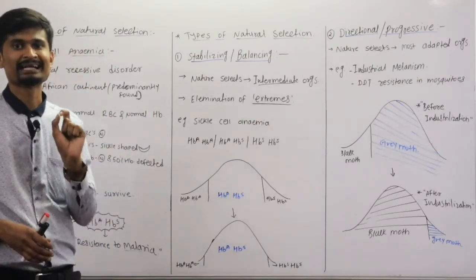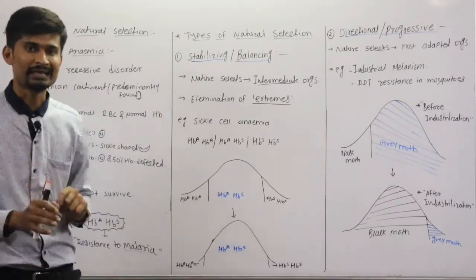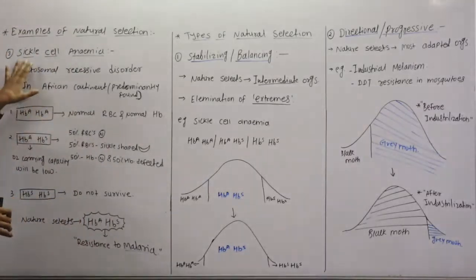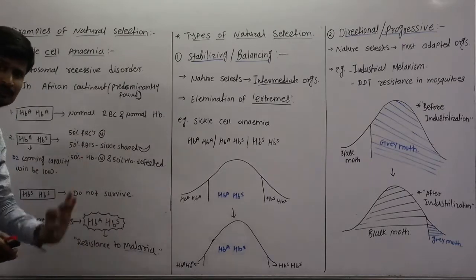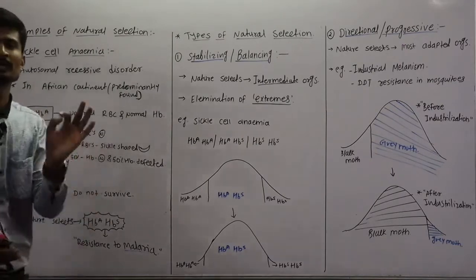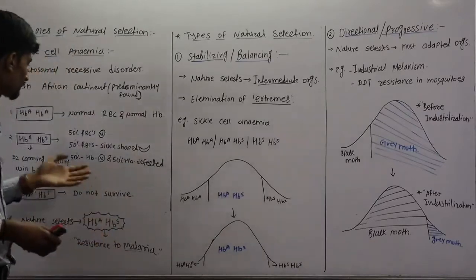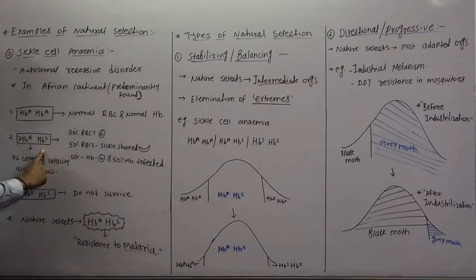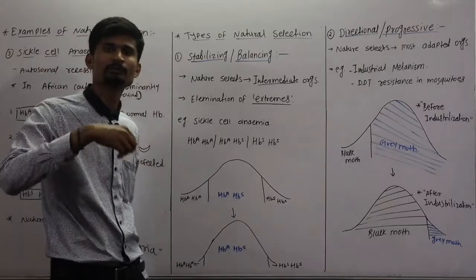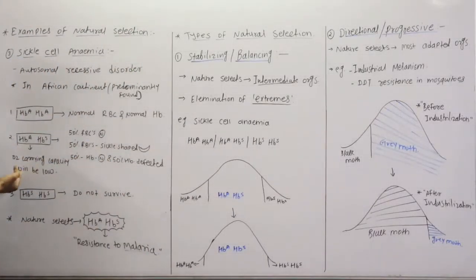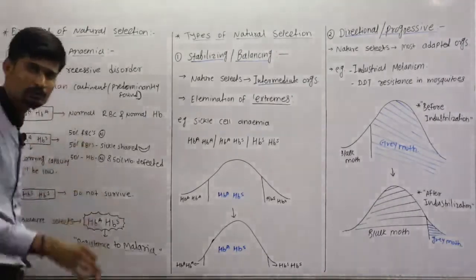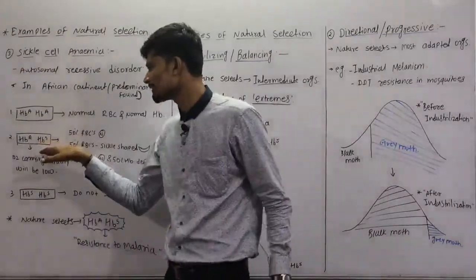We call it sickled, half-moon like, and that's why it is called sickle cell anemia. Due to this, the oxygen carrying capacity will be low in a person with the HbA HbS genotype, because 50% of the RBCs and 50% of the hemoglobin are defective.